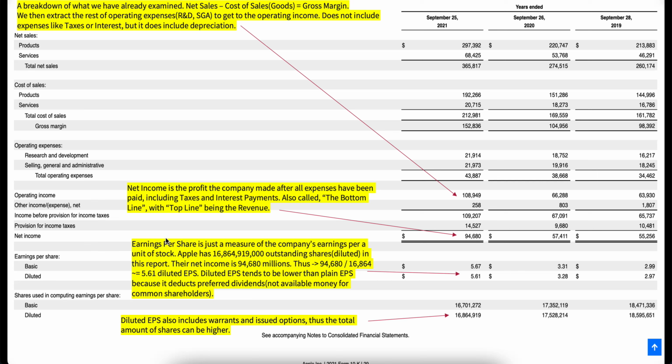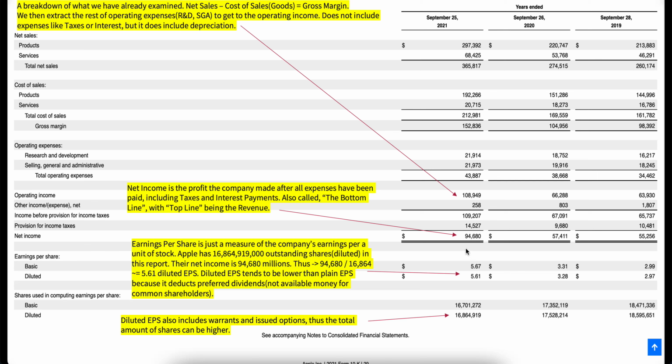So Apple has, in this report really, 16.8 billion outstanding shares, and this is also mentioned in the report. And the net income is 94.68 billion.